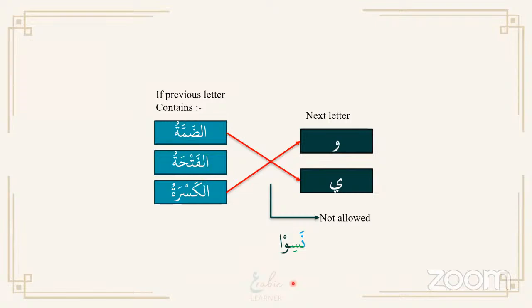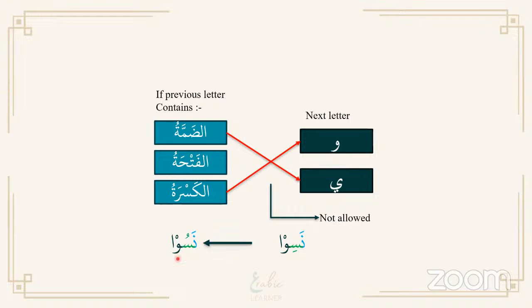In this situation, when it is Vav, then you change the sign of the letter before that to Dhamma. Assume that Vav is a close friend of Dhamma and Ya is the close friend of Kasra. So in that case, it will become Nasu.